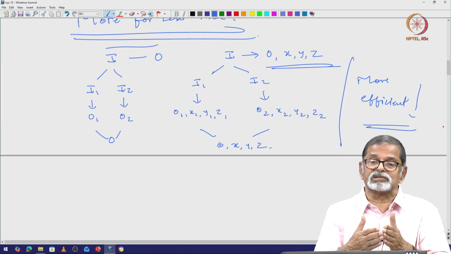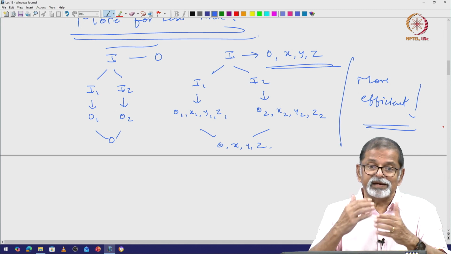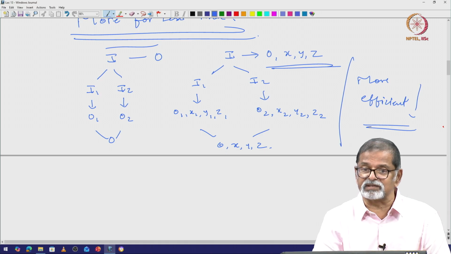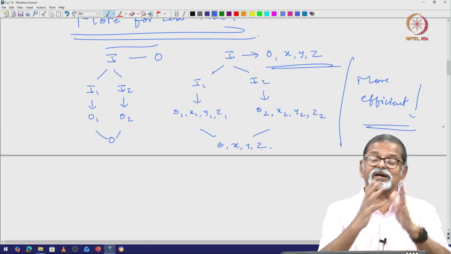So the combining cost could be a bit more, and that may contribute to higher cost.